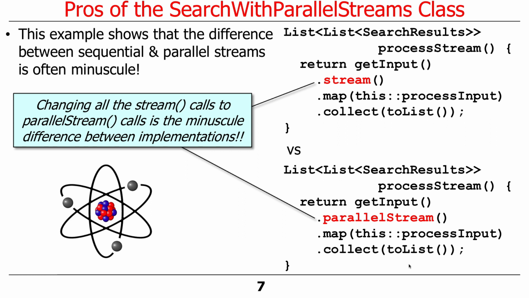And the reason this works is because we're not focusing anymore on the details of how the parallelism is working. We are just focusing on computations, and then we're letting the streams framework do all the heavy lifting to actually process things in parallel. So that's why we can do this magic.